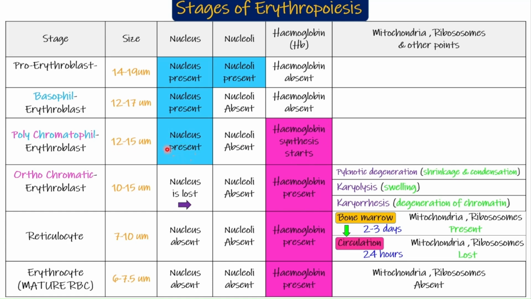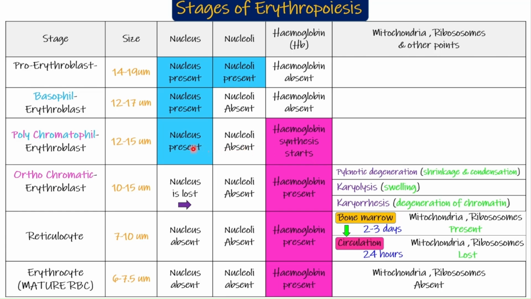So now this erythroblast will be stained by a basophilic stain as well as an eosinophilic stain. Basophilic stain will give a bluish purplish discoloration of the nucleus, whereas eosinophilic stain will be because of the hemoglobin getting stained by eosinophil.